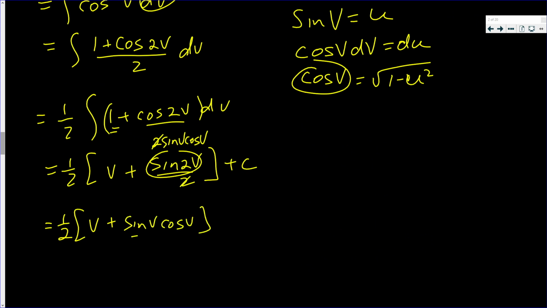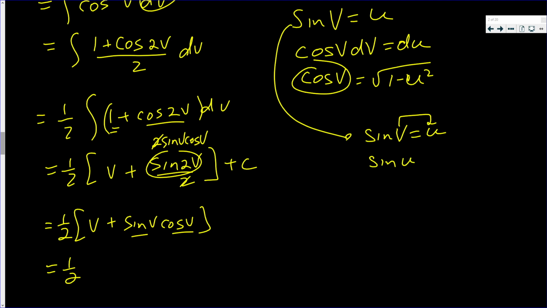Okay, so now I can answer both of those because I have the triangle. And we know that the sine of v is u. Interchanging those two, we get the sine of u is v, except it's inverse.